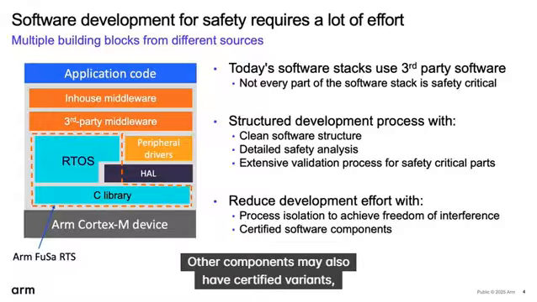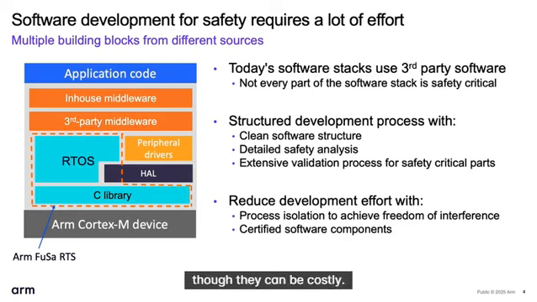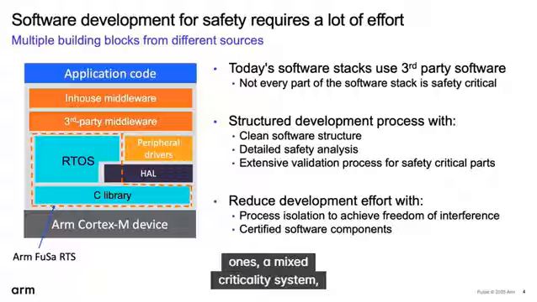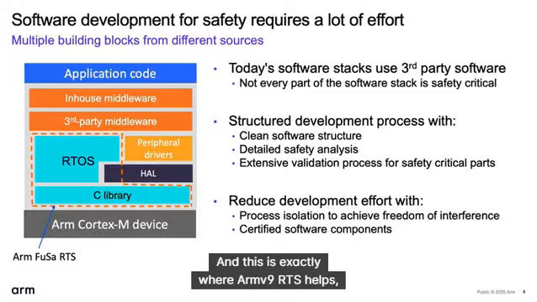Other components may also have certified variants, though they can be costly. And often, with smart system partitioning, we don't even need certified variants. By isolating safety-critical functions from lower integrity ones, a mixed criticality system, we can meet safety goals efficiently. And this is exactly where Arm FuSa RTS helps, as we'll explore later in this webinar.